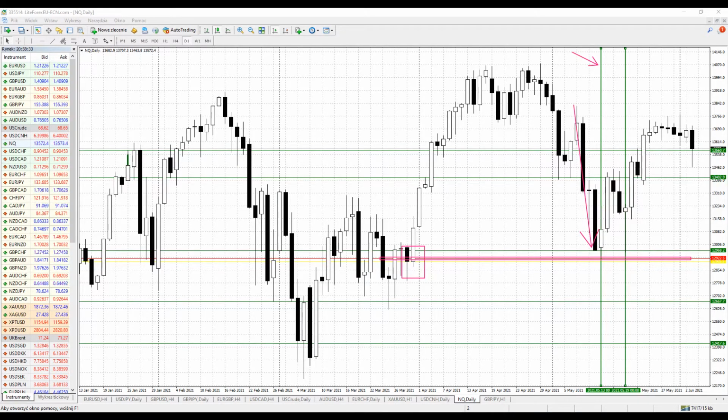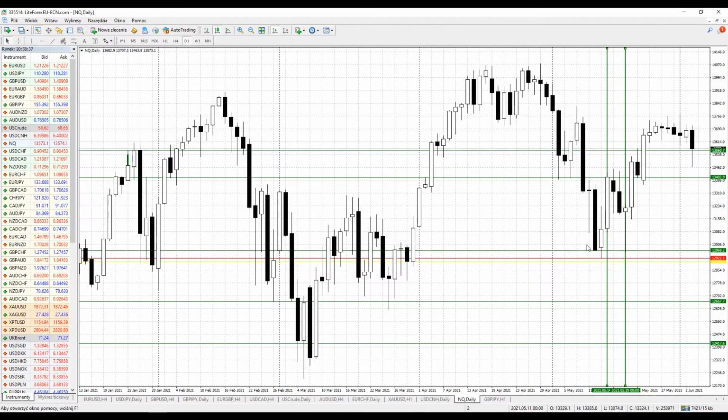Let me move that line for a while. On that particular day we made a lower low and started to reverse. Taking into consideration the higher time frame, this was my demand zone, so I've been looking for a buying opportunity.